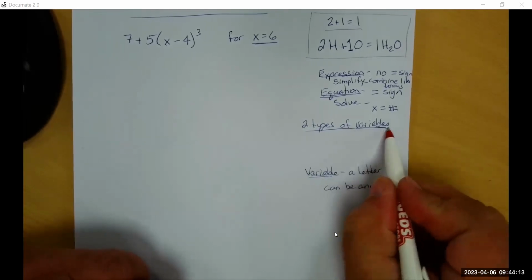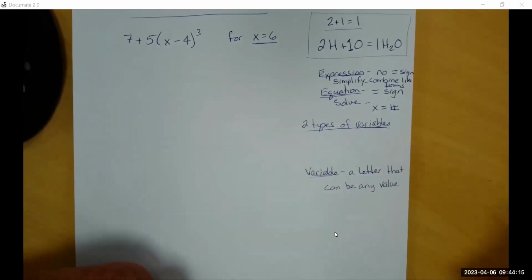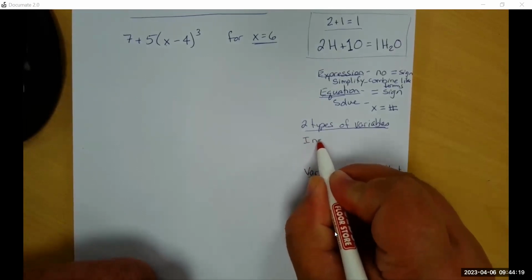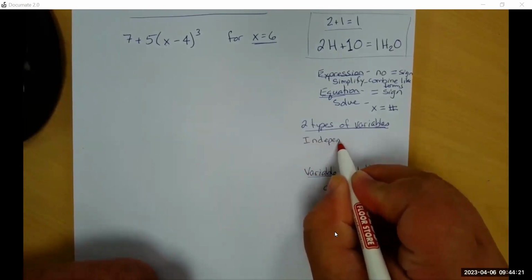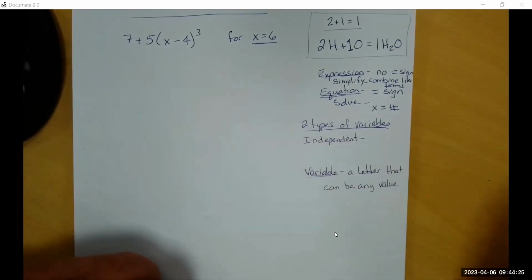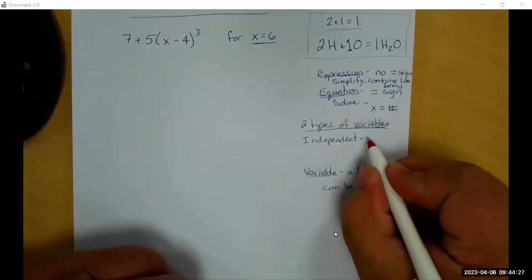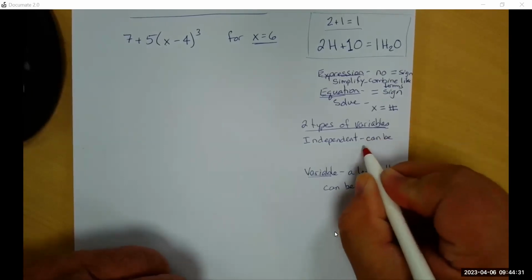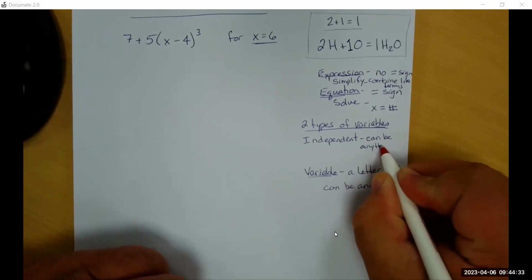So when I say there are two types of variables, the first one is called the independent variable. It can be anything.